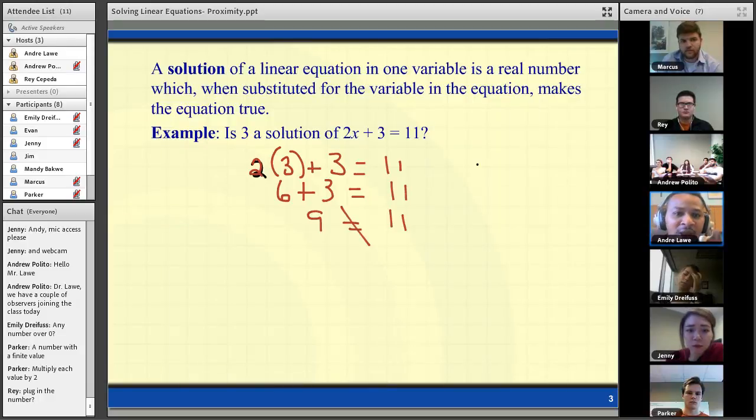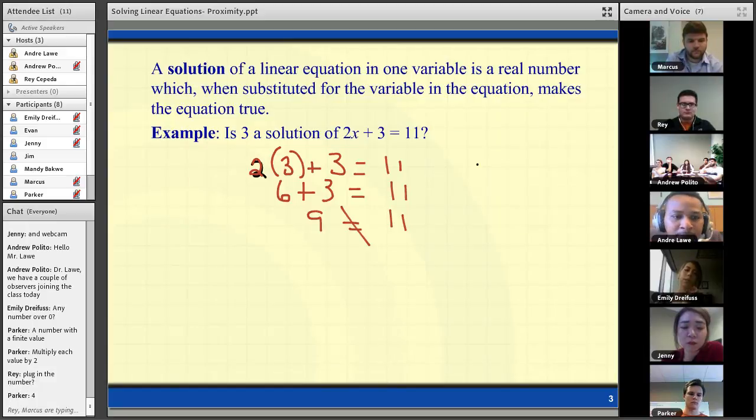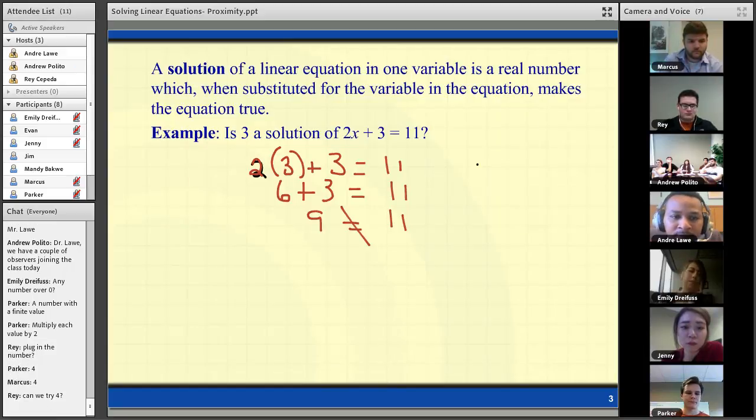Anybody else want to try a different number to see if we could figure out the solution for x in this equation? Okay, Ray, we're going to try 4. Good.